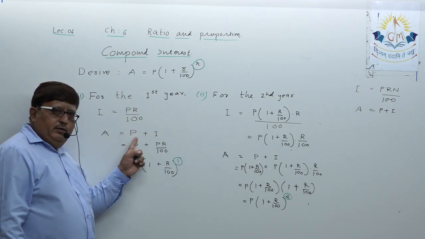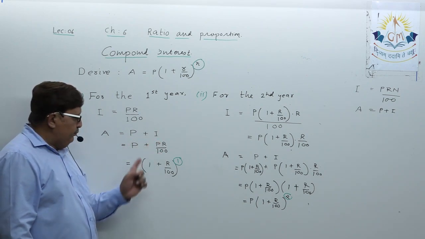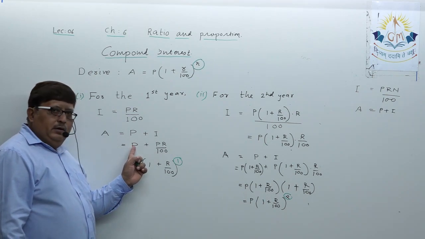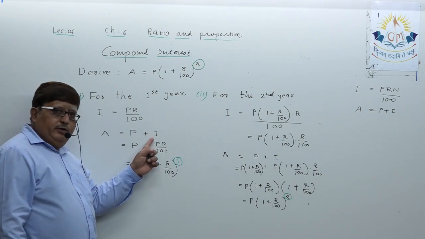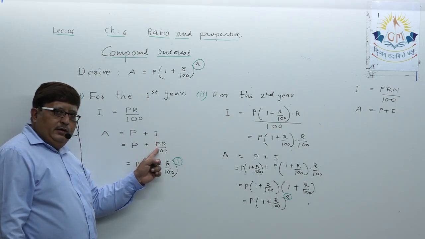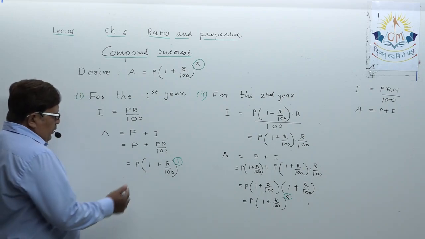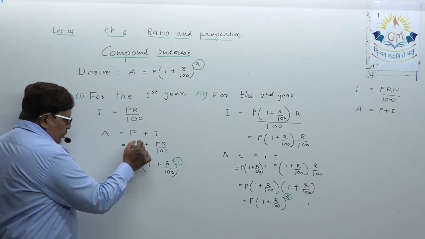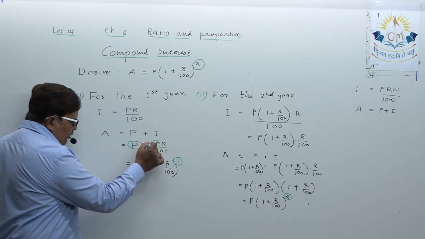Amount equal to principal plus interest, A equal to P plus, instead of I, what you can replace, PR upon 100. What can be taken out as common from this?